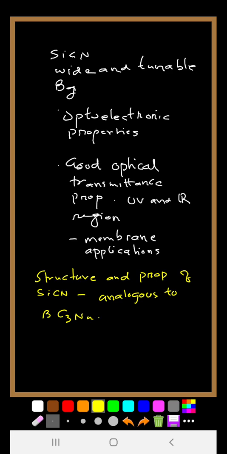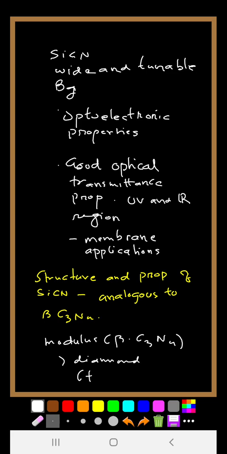And as I previously told, the modulus of beta carbon nitride is even more than diamond. However, it has been found theoretically; there is still experimental evidence which needs to be established in this case.